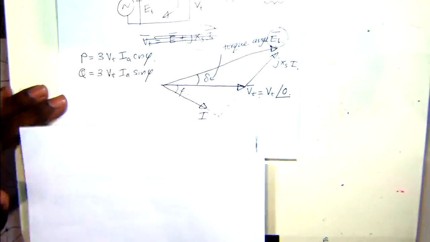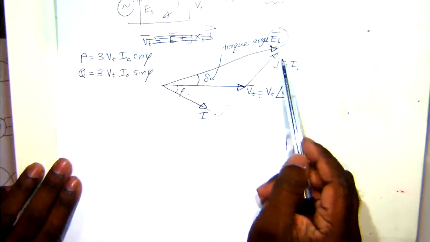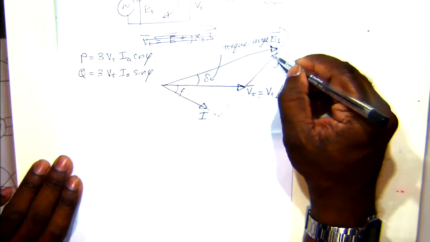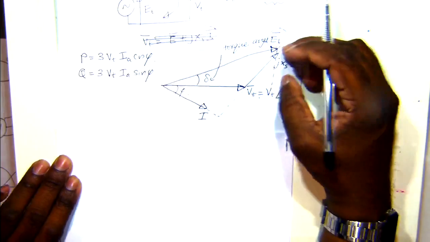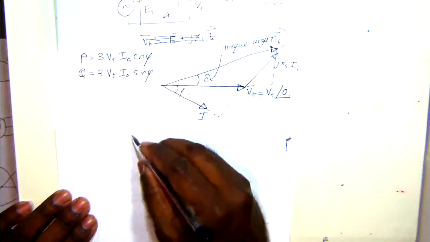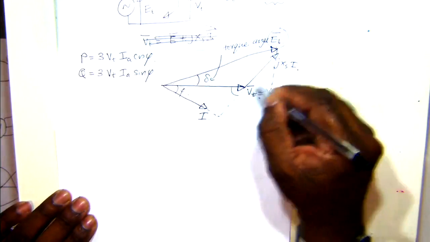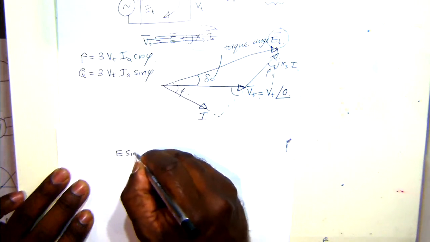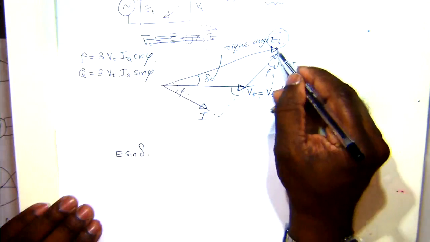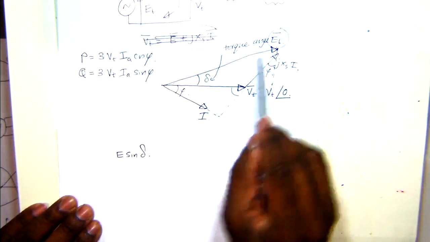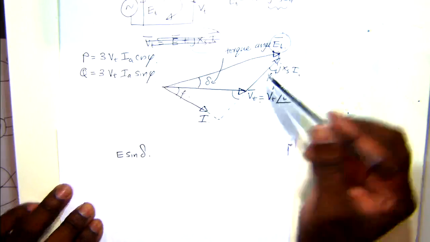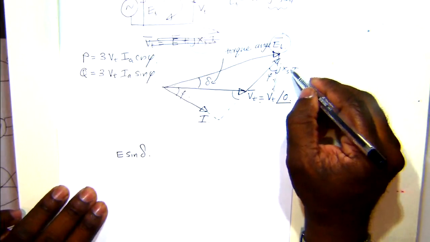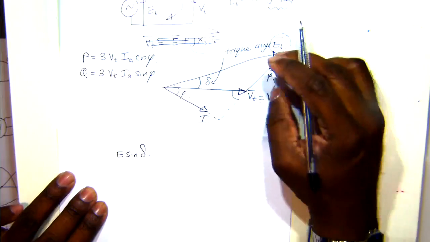If you look at this phasor diagram, E sin delta corresponds to this particular distance in the triangle, and Xs Ia cos phi is the same distance as well.